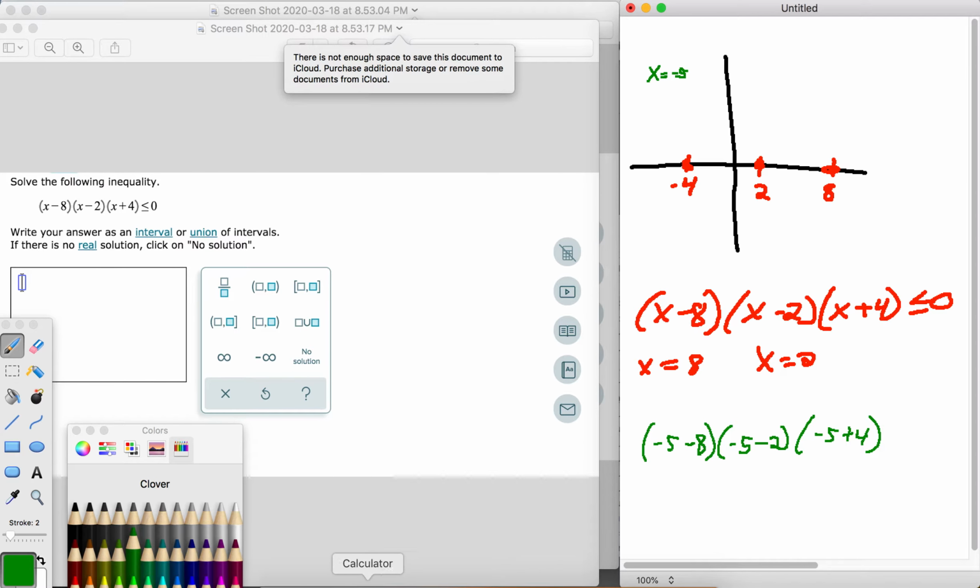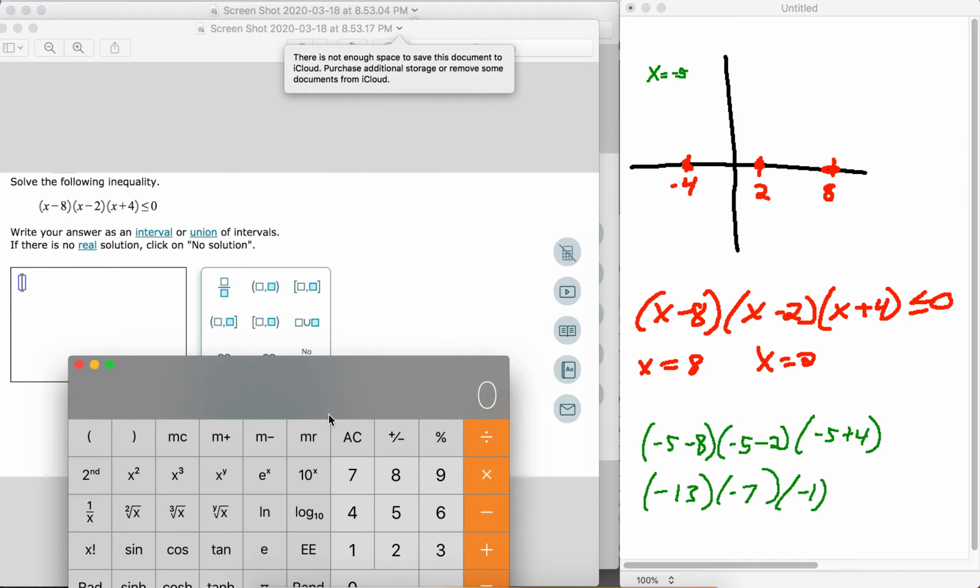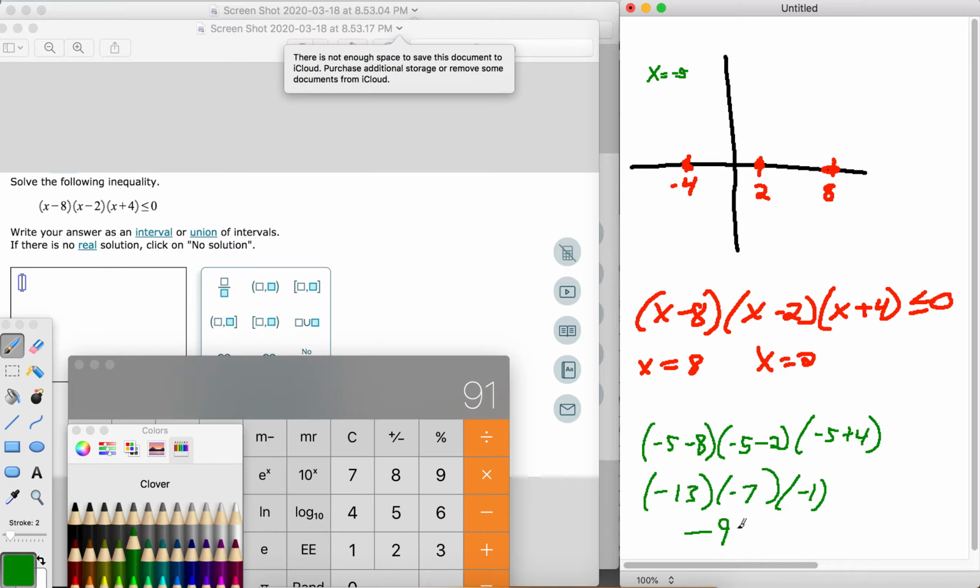Simplifying, this is negative 13, this is negative 7, that's negative 1. So negative 13 times negative 7 makes positive 91, times another one makes negative 91. So at x equals negative 5, we're way down here. That means the polynomial has to be changing like this.